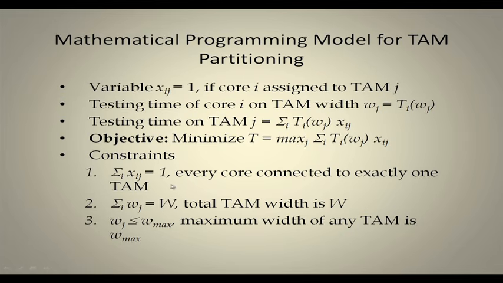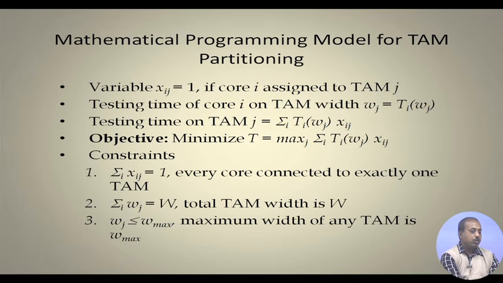Now, there must be some constraints that have to be satisfied, like sigma over i of xij equal to 1. So, every core must be assigned to only one term. For one particular core, say core i, xi1 is equal to 1 if it is assigned to term 1, otherwise it is 0. Similarly, xi2 is equal to 1 if it is assigned to term 2 and 0 otherwise.